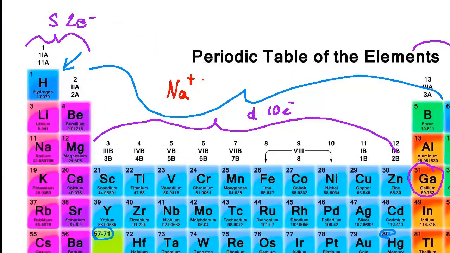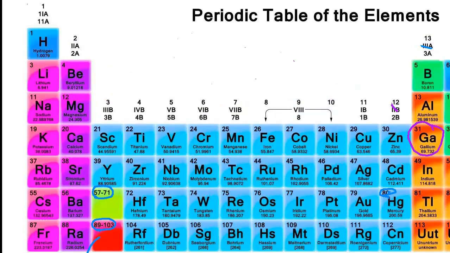Okay. So if we take a look, the first group that we've got is the alkali metals. So the alkali metals are in group 1A over here, and when we take a look at the alkali metals, they have a charge associated with them. They have a charge of 1+.